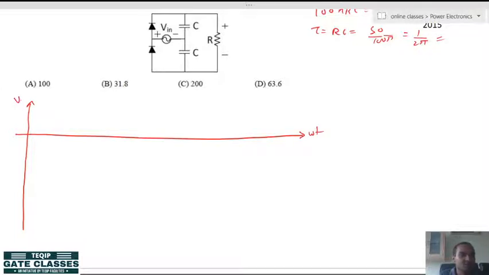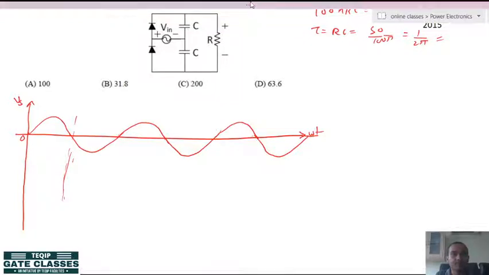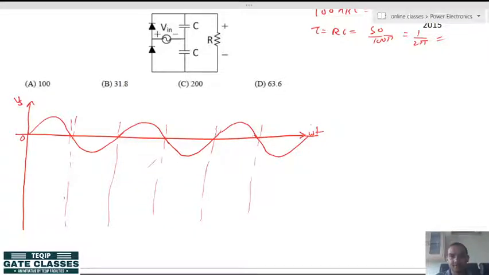So, here Vs is the input, with axis marked 0, pi, 2 pi, 3 pi, 4 pi, 5 pi, 6 pi and so on.